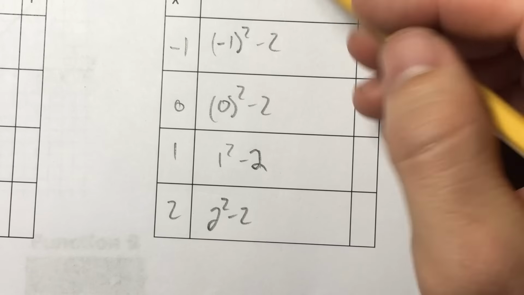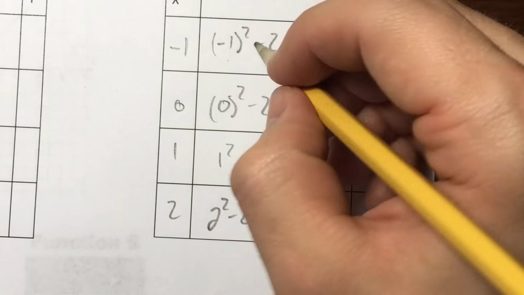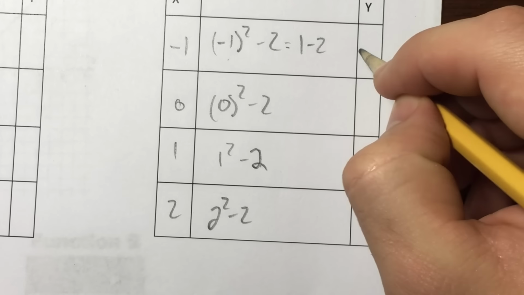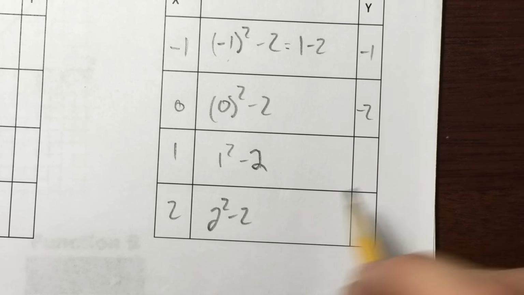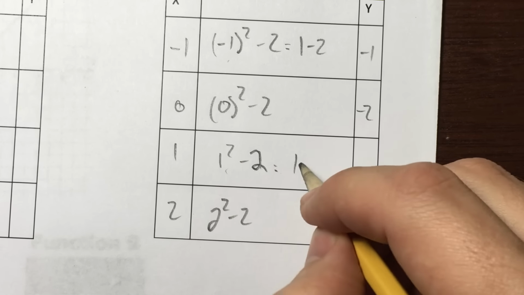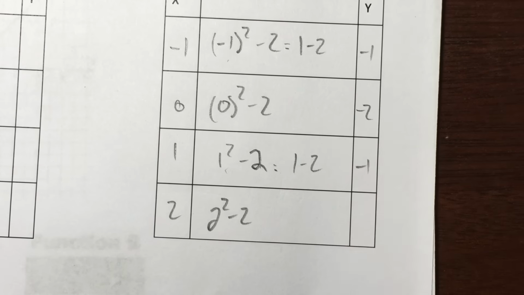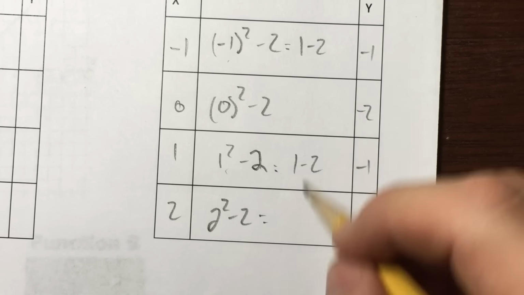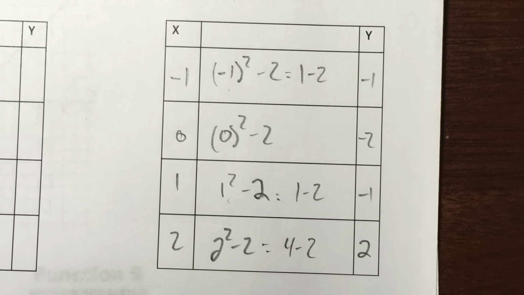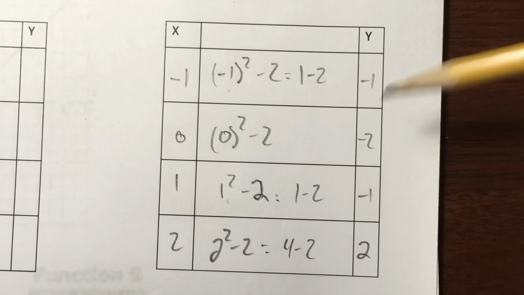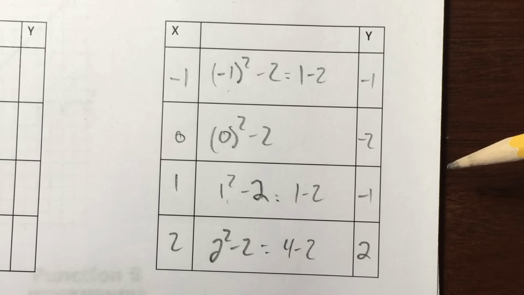If we were to evaluate each of these, -1 squared is 1, minus 2 gives us -1. 0 squared is 0, minus 2 gives us -2. 1 squared is 1, minus 2 gives us -1. 2 squared would be 4, minus 2 gives us 2. So we substituted our x values to get the corresponding y's.